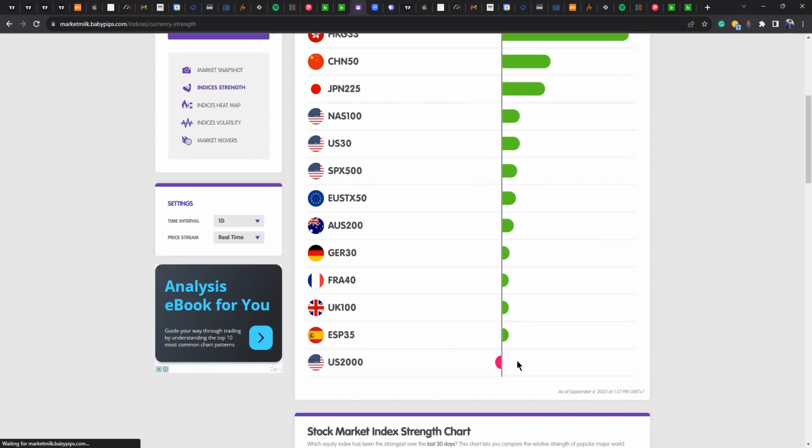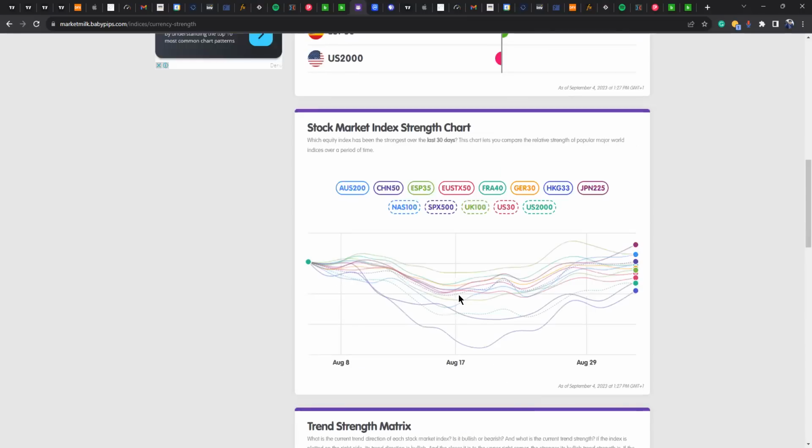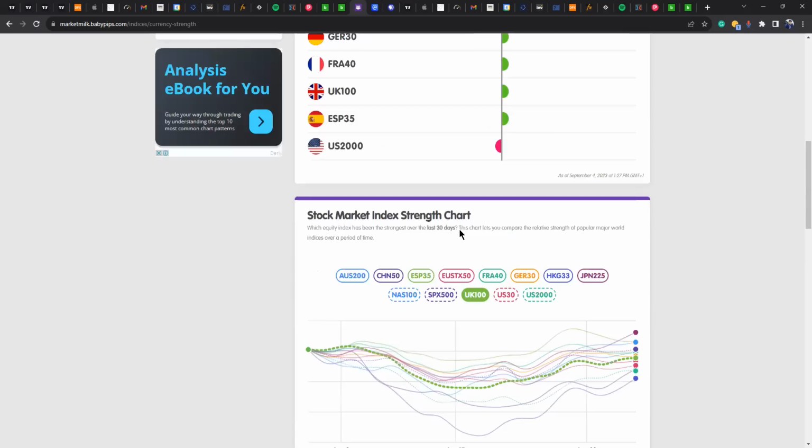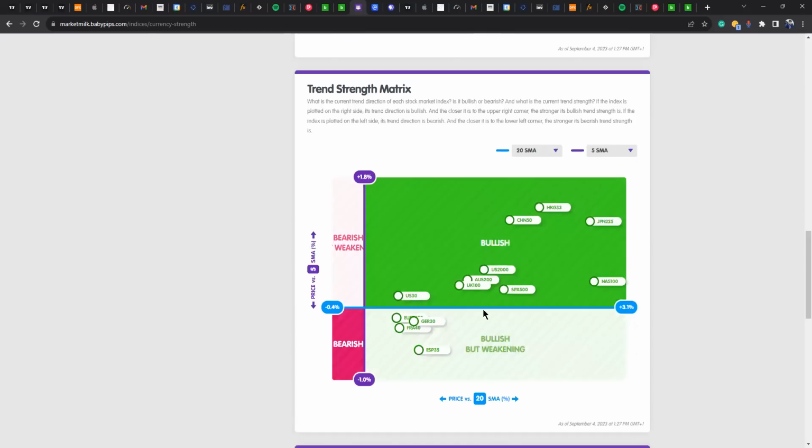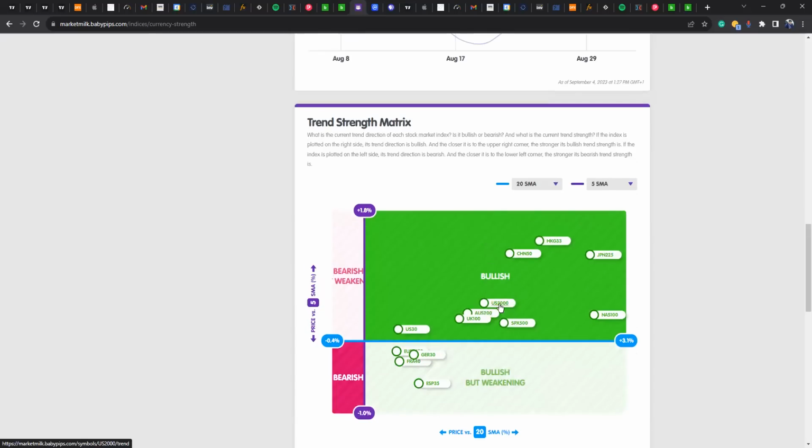They are going up. US 1000 is just shifting between uptrend and downtrend. But this is just strength, not trend. This is the strength. This is the trend. You can see US 2000 there, right?